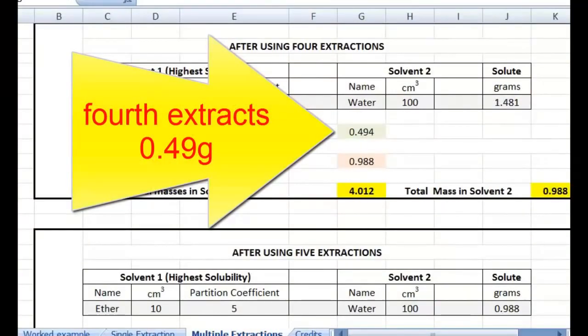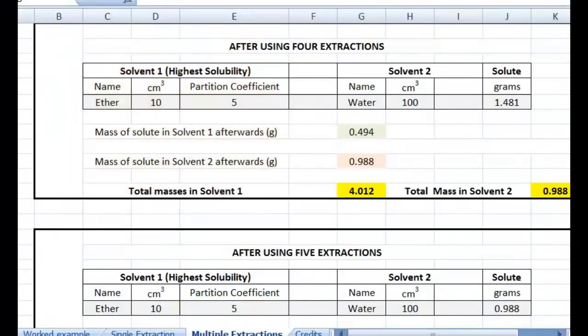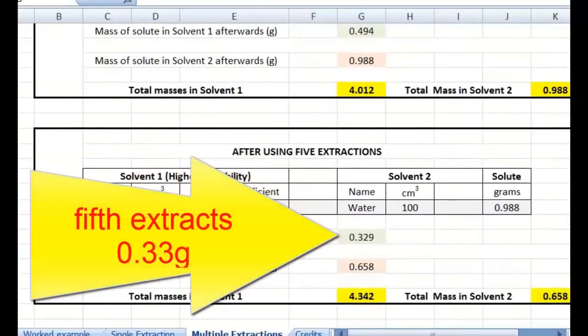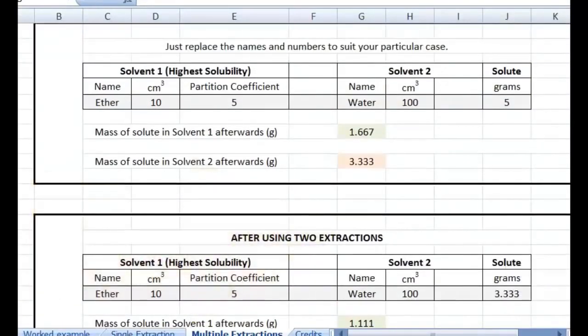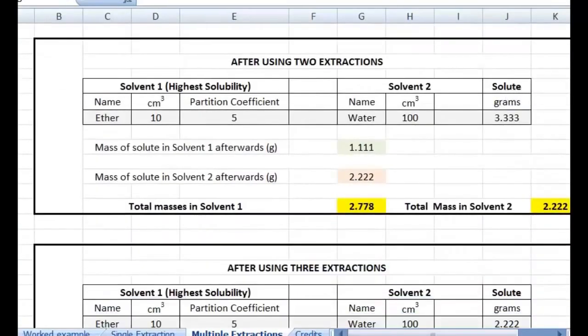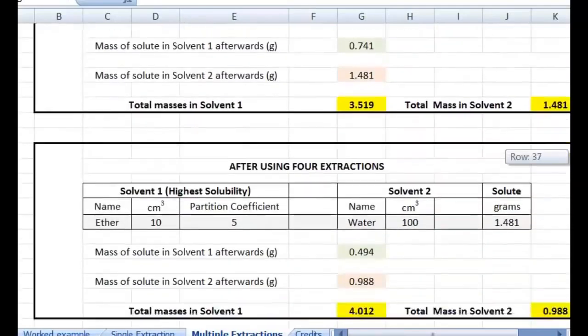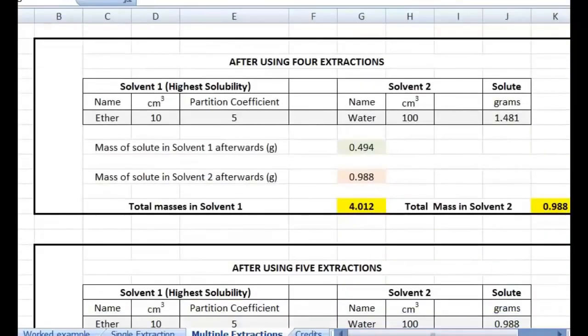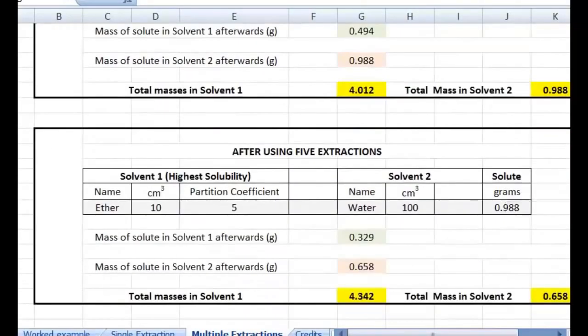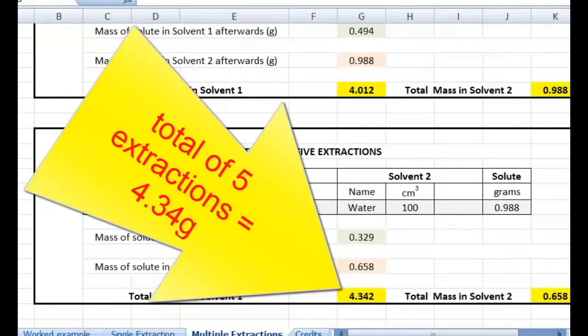The fourth goes 0.494, and the fifth and final 10 cubic centimeters 0.329. So you sum those figures up, and we've extracted a grand total of 4.34 grams.